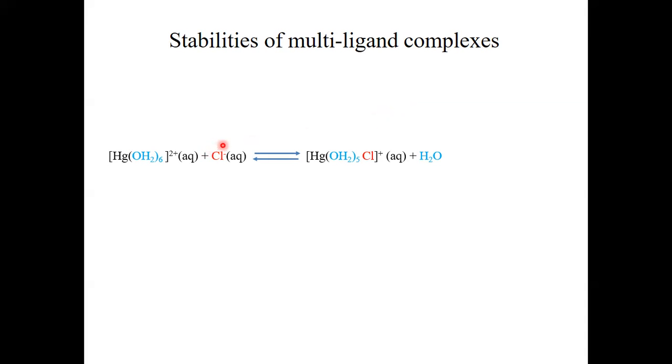In the first substitution, one chloro ligand substitutes one of the 6 aqua ligands to give this pentaaqua chloro mercury plus complex and one free water ligand, and this reaction is associated with a log K value of 6.74.